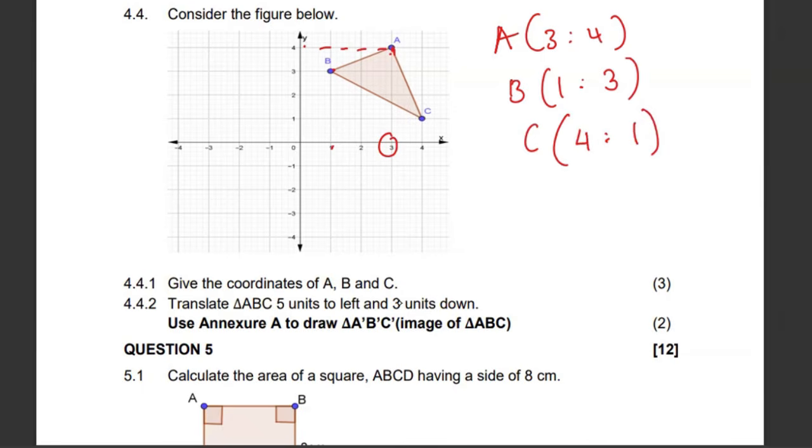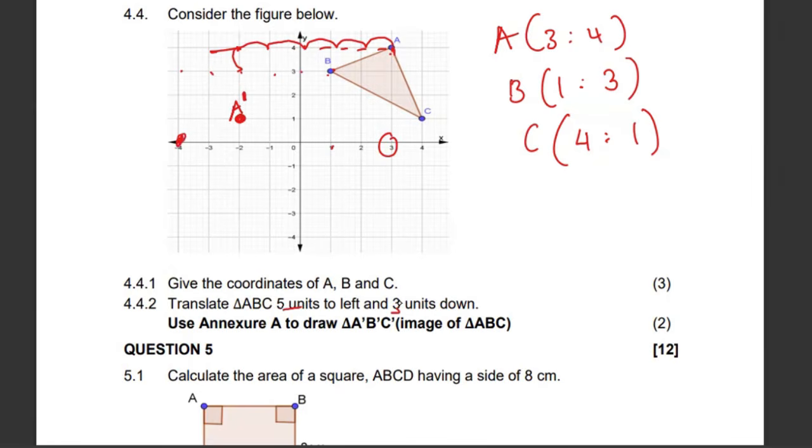Then they want us to translate 5 units to the left and 3 units down. So I'm just going to draw it here, okay? So if I have 1, 2, 3, 4, 5, and then 1, 2, 3. So this is A prime. For B, it's going to be 1, 2, 3, 4, 5. 1, 2, 3.